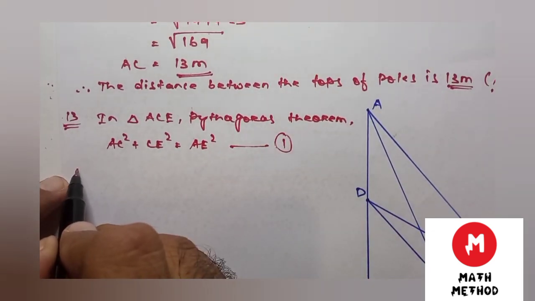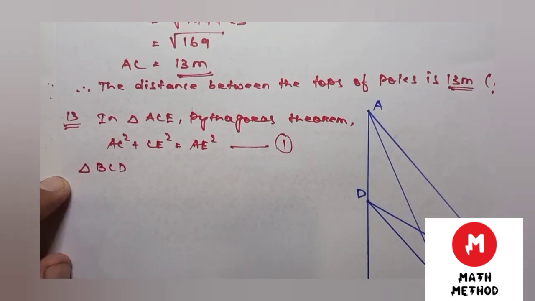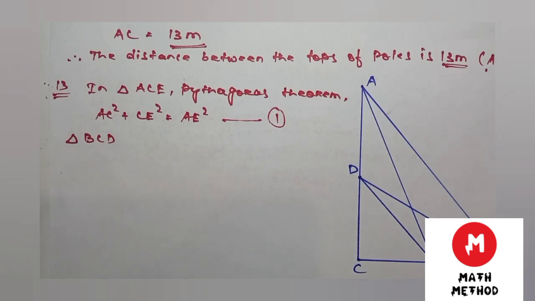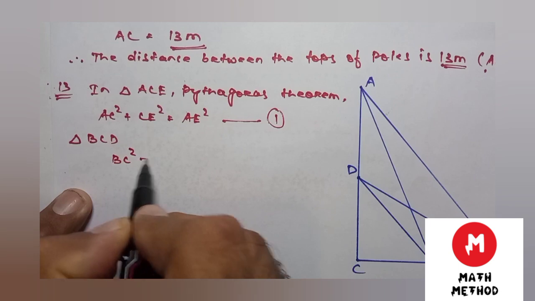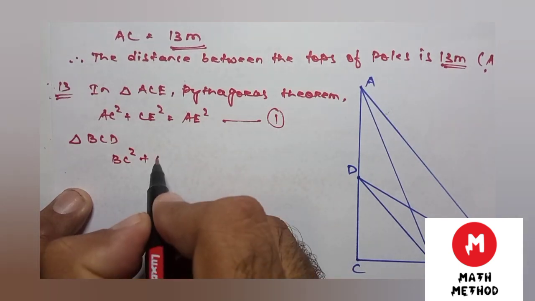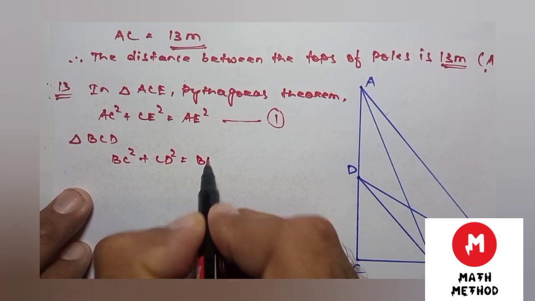And in triangle BCD, again by Pythagoras theorem we will get BC square plus CD square, which becomes BD square.